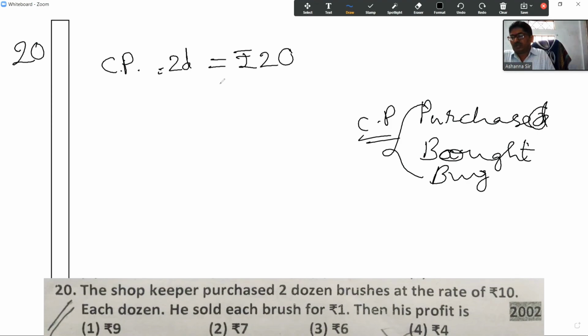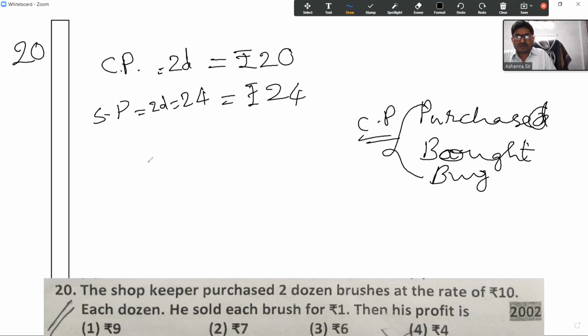He sold each brush for 1 rupee. Sold means selling price. 2 dozens means 2 twelves are 24 articles. So 24 articles, 24 ones are 24 rupees. So here profit is 4 rupees.